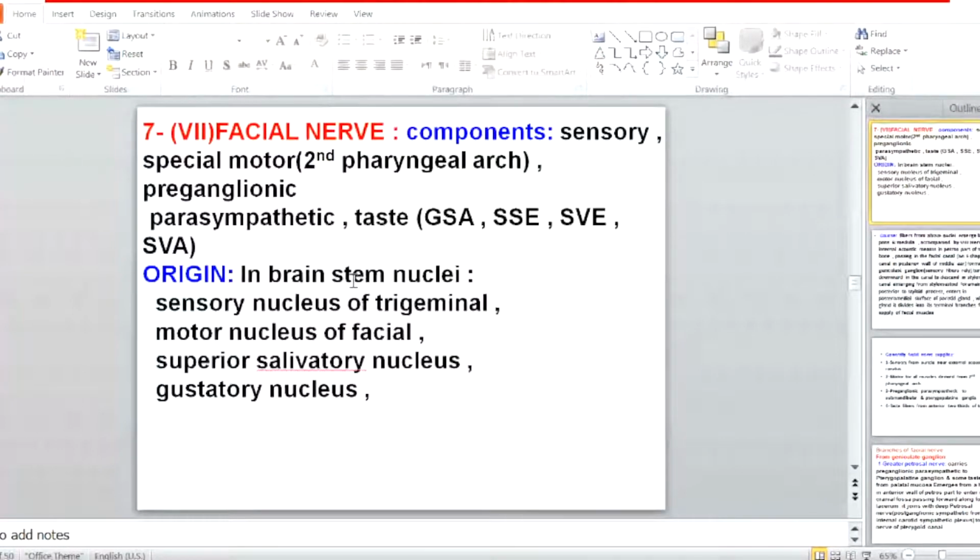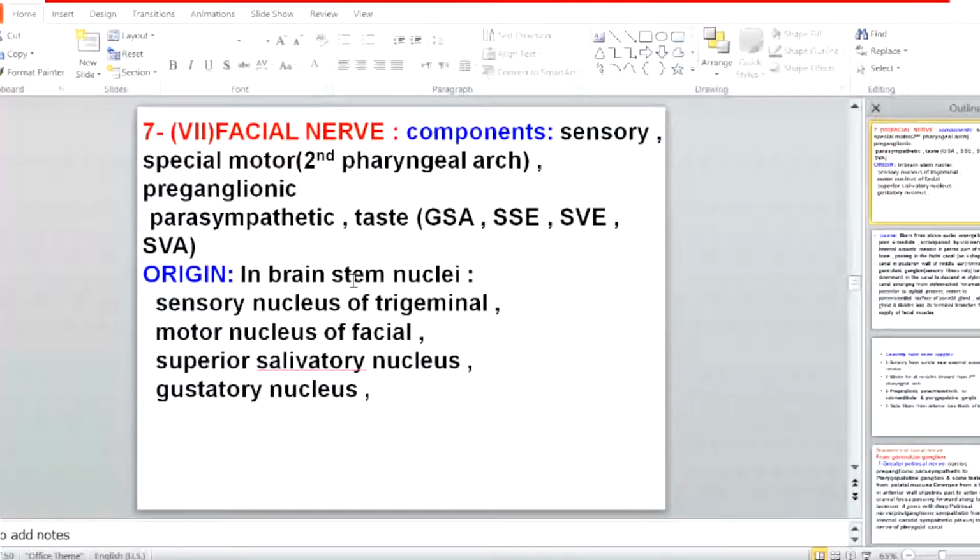Taste fibers for the anterior 2/3 of the tongue. And then we have the preganglionic parasympathetic fibers for the two parasympathetic ganglia, the pterygopalatine ganglia and submandibular ganglia.